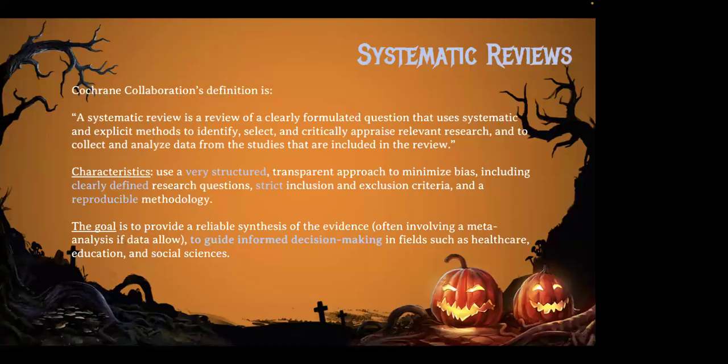Now, real quick, the synthesis is different too between systematic reviews and scoping reviews, so I did quickly want to mention that. When we're synthesizing the evidence in these reviews, it's not really just summarizing the information. When you get to that stage, synthesizing in the context of your research reviews, you're combining the findings of the included studies because you want to create a comprehensive, cohesive understanding of your research topic.